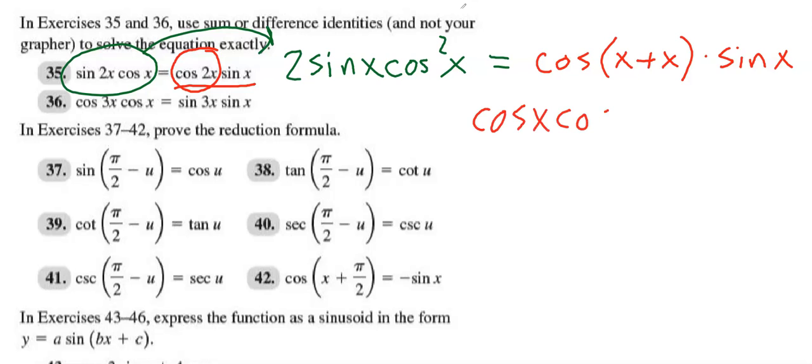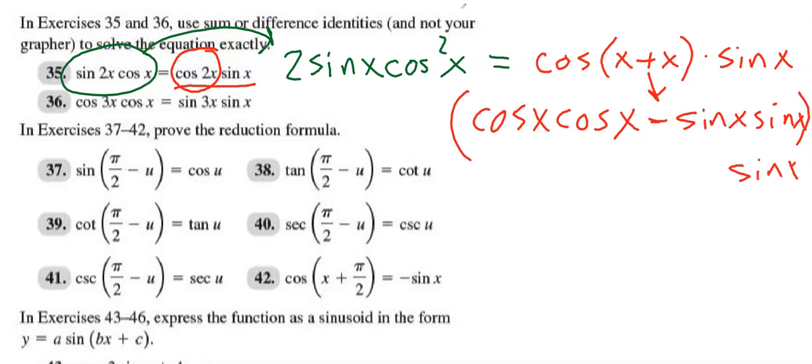Cosine, cosine. Sine, sine. Man, I'm running out of room here. What goes in the middle there? Good call. Minus, because cosine flips. And I ran out of room. I'll write the other sine x that was supposed to be on the outside of the parentheses there.